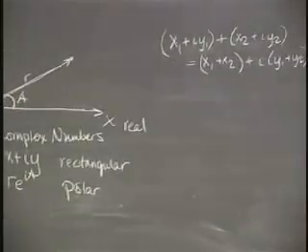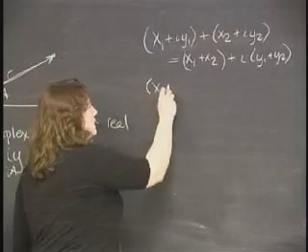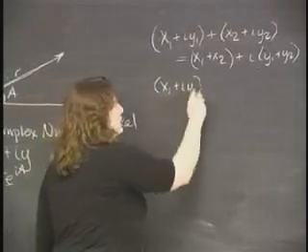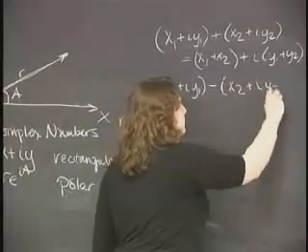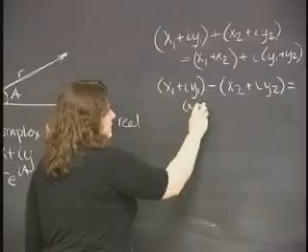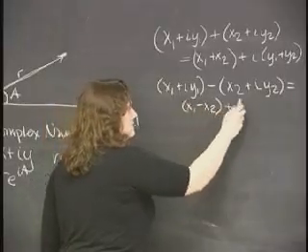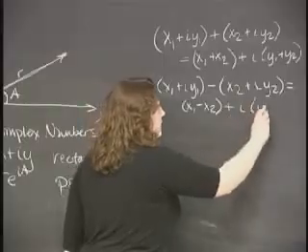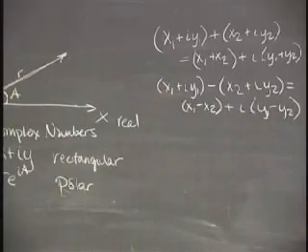Similarly, subtraction is also going to be easier when we're in rectangular format. x1 plus iy1 minus x2 plus iy2 is going to be equal to x1 minus x2 plus i times y1 minus y2.